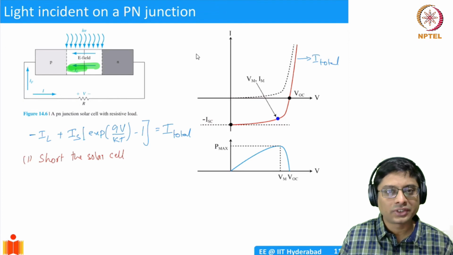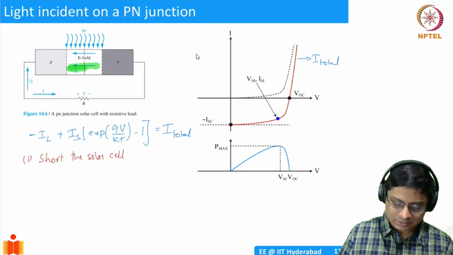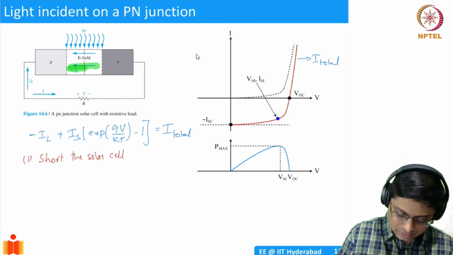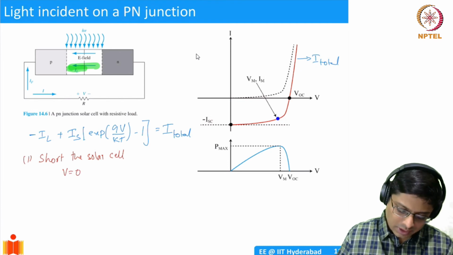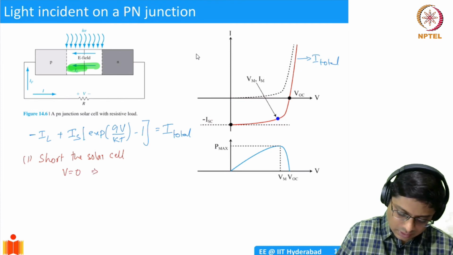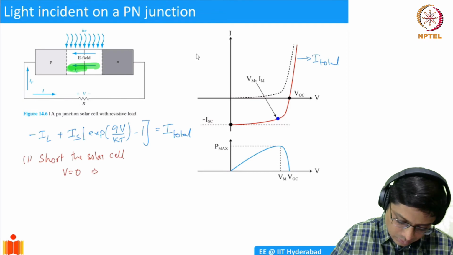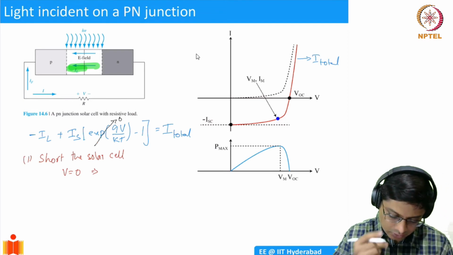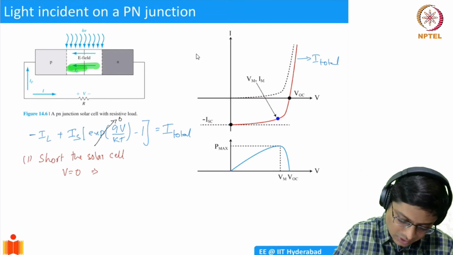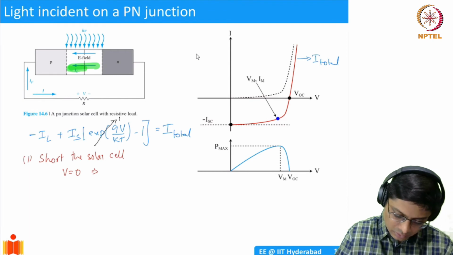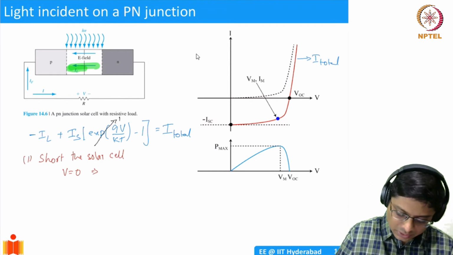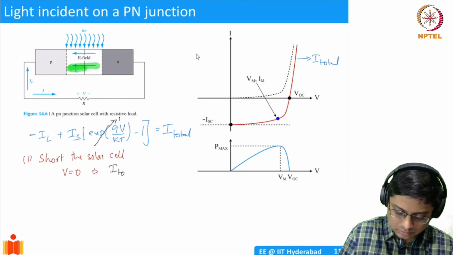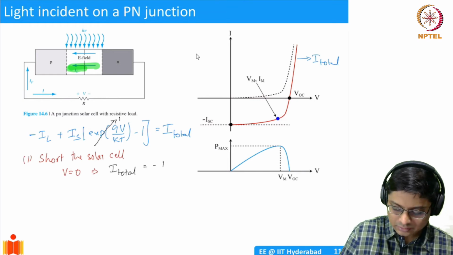What happens if you short a solar cell? V is going to be 0, right? V is equal to 0. That implies this exponential term is going to go to 1, so this second term is going to go to 0. So I total is equal to minus IL.